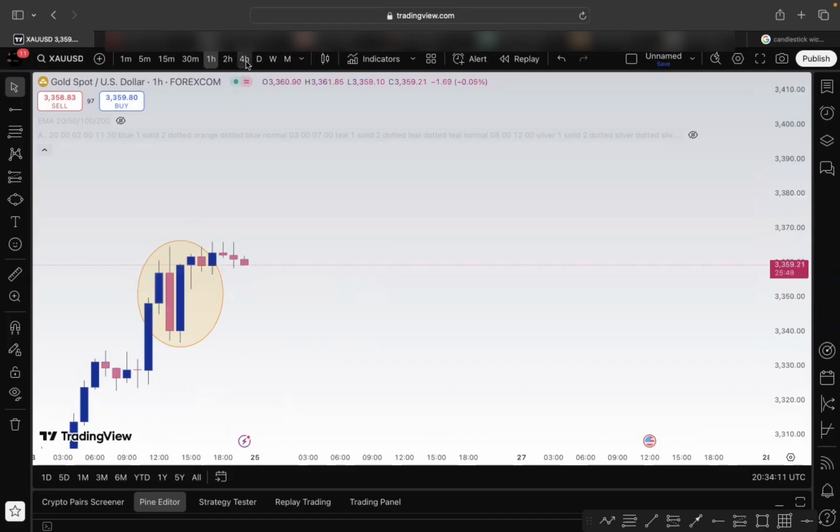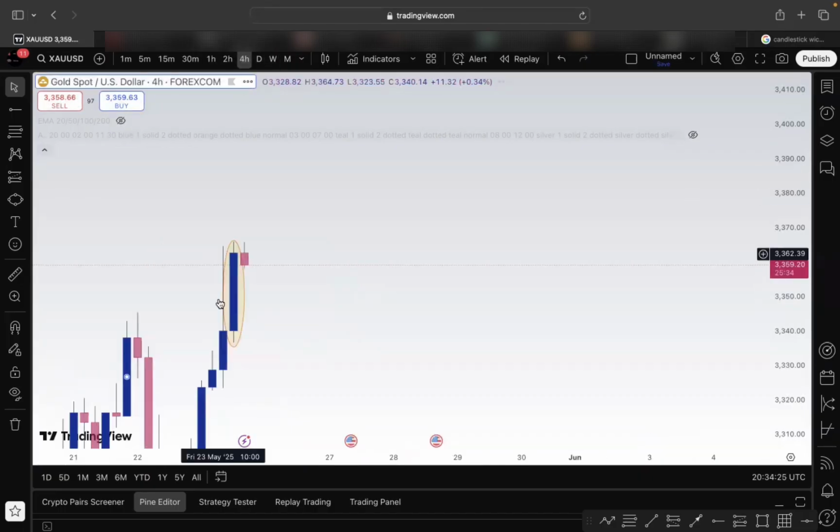So if we are looking at a 4-hour candle on the 1 hour, it means we need to have four candles: 1, 2, 3, 4. But let's look at the time the candle was formed, and then we know.